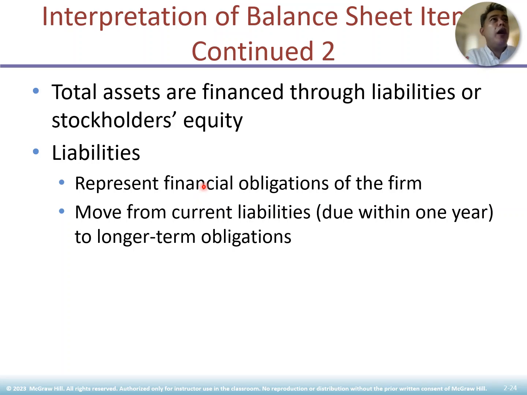Now, total assets. So how do you buy assets? Particularly non-current assets, which are property and equipment, they are either financed through liability or stockholders' equity. So for a company to grow, expansion or whatnot, it needs some funding, and that funding goes into capital expenditure.